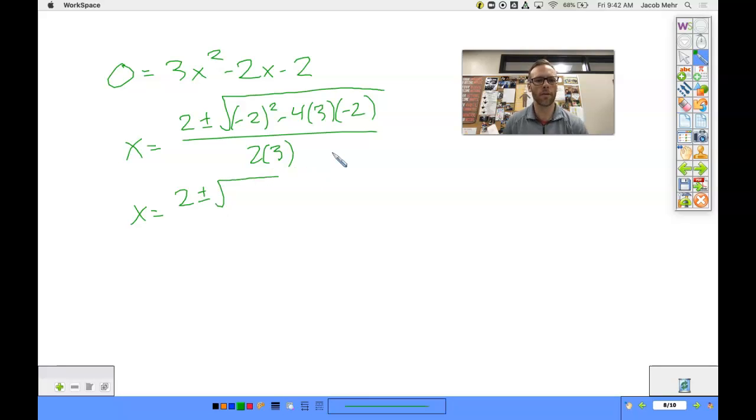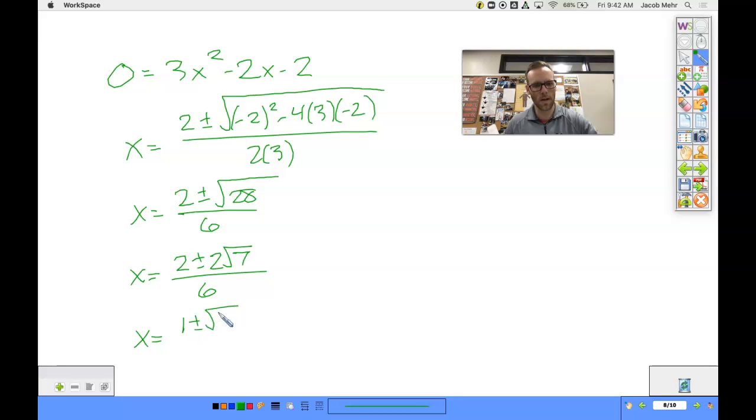Let's see, what do we have there? 4 plus 12, 20, 28 over 6. 4 goes into that. That's 2 root 7. Everything there is divisible by 2. So 1 plus or minus the square root of 7 over 3.